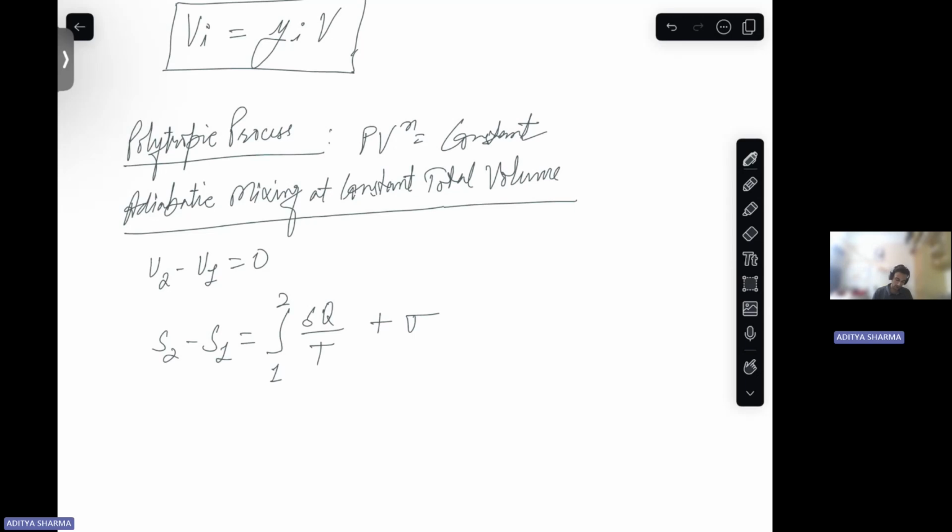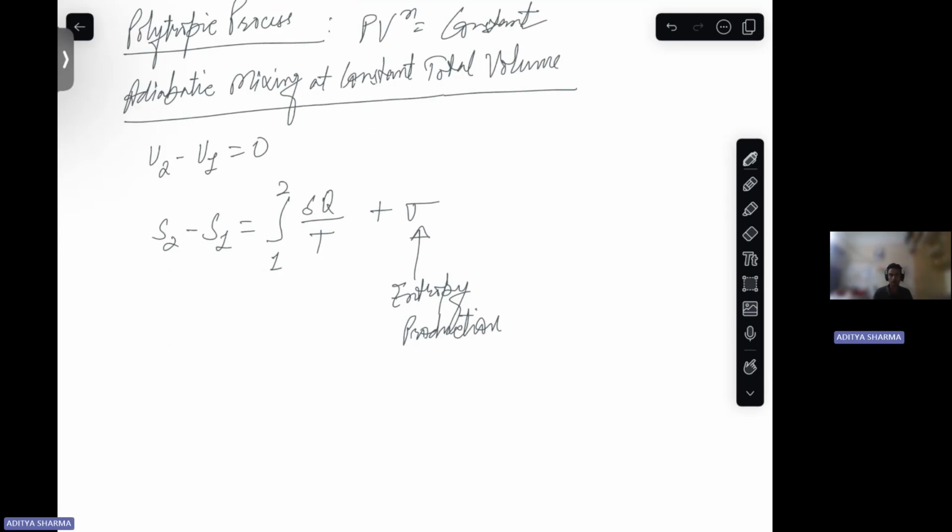And then this is your entropy production, sigma, which is because of internal irreversibilities. And then an expression for this entropy production has been given for this adiabatic mixing at constant total volume.